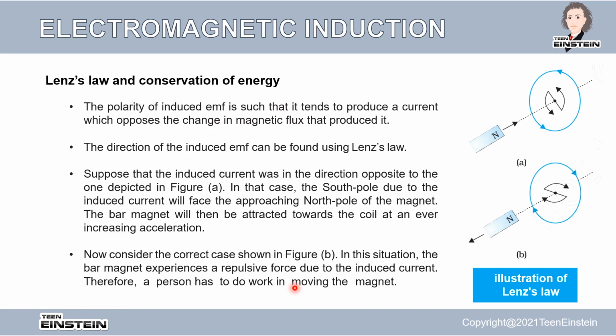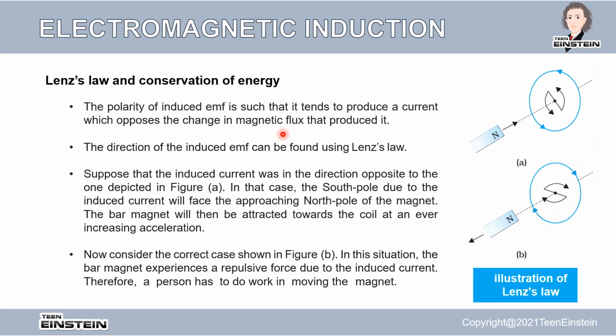Now let's see what Lenz's law and conservation of energy are. The polarity of induced EMF is such that it tends to produce a current which opposes the change in magnetic flux that produces it. So this is what I was talking about. When there is an induced EMF, it opposes the change that is already in the magnetic flux.